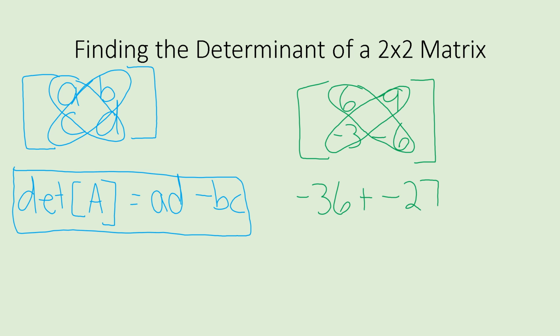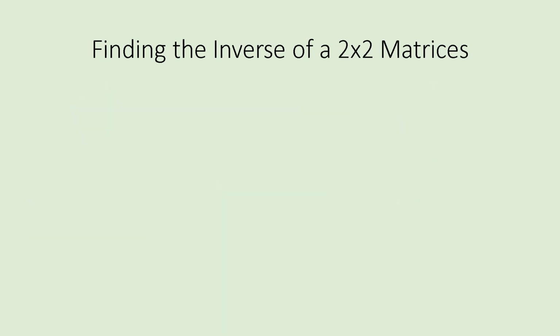Both of those minuses in the middle are going to make a plus, and we're going to get -36 plus 27, which is -9, and that would be the determinant of our 2 by 2 matrix, and we're going to remember that for our next problem, which is finding the inverse of a 2 by 2 matrix.